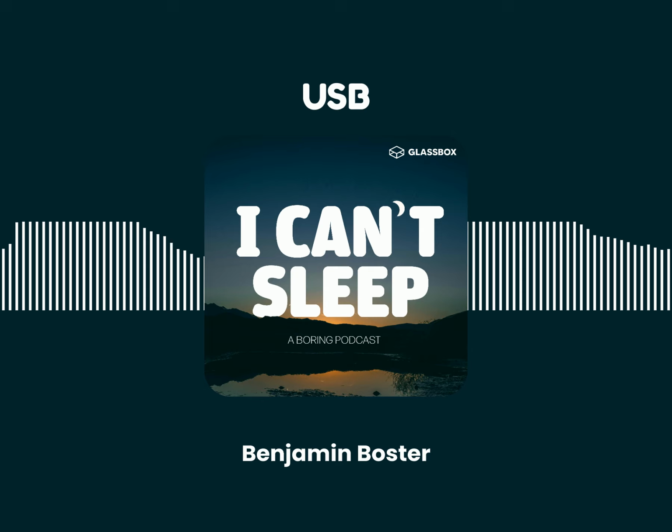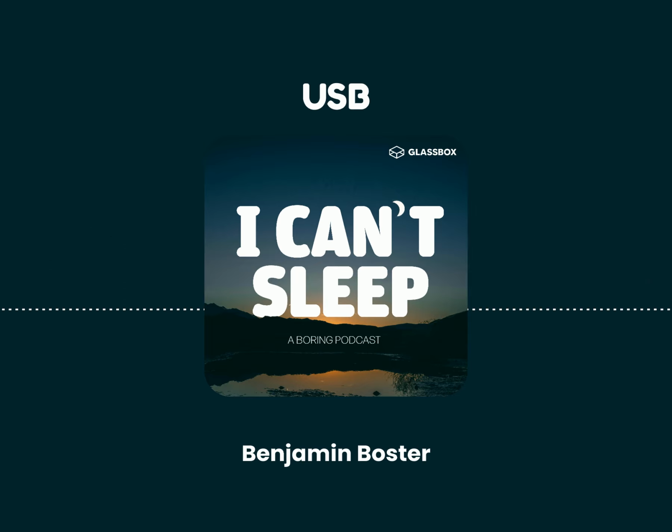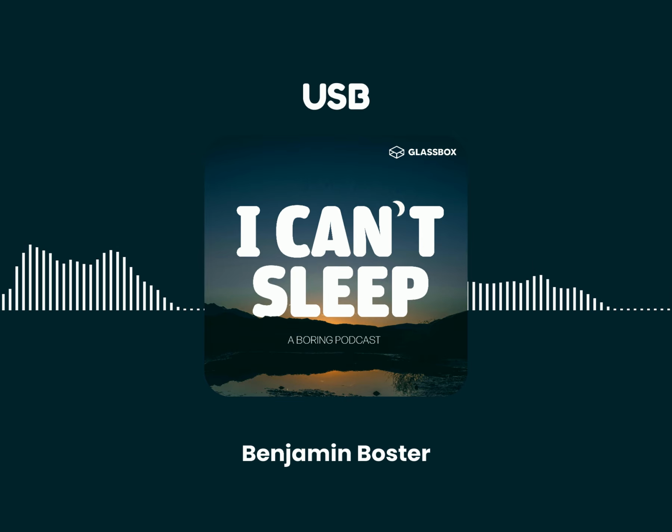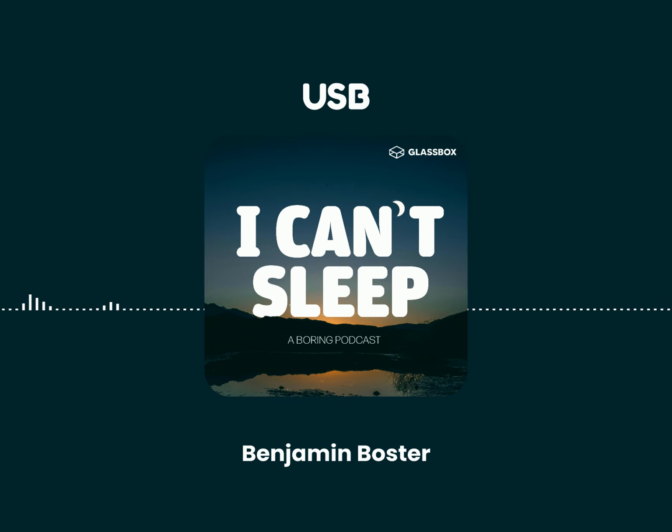The USB interface is hot swappable. Devices can be exchanged without shutting the host computer down. Small devices can be powered directly from the USB interface, eliminating the need for additional power supply cables.